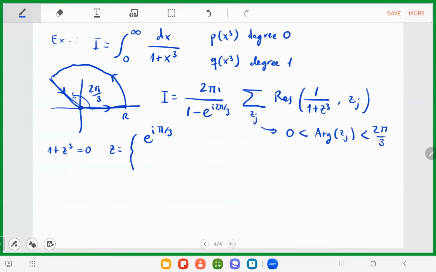If I add 2 pi over 3 to this, it would be 3 pi over 3, so it would be just e to the i pi, which is -1. That would be for n equal 1. And for n equal 2, we can write it as 5 pi over 3, which is actually the same as minus i pi over 3, right?